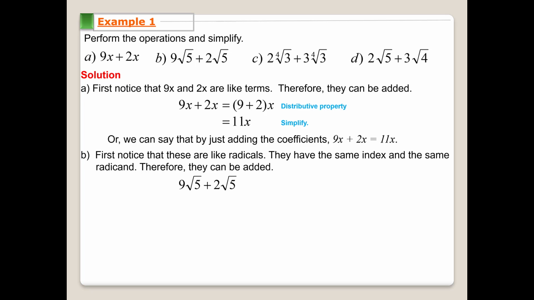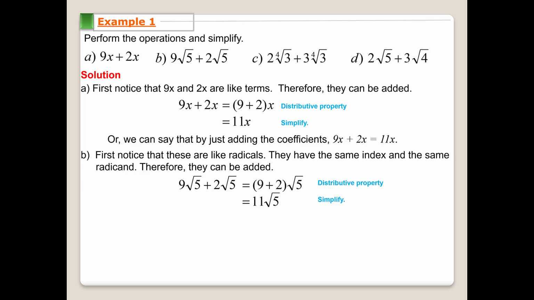So on B here, we have again 9 square root of 5 plus 2 square root of 5. For part B here, again, we have the same radical, so they're like radicals. It's the same thing as we had above with 9x plus 2x. It's very similar. So we take 9 plus 2 times the square root of 5.